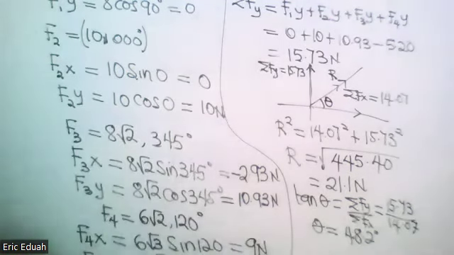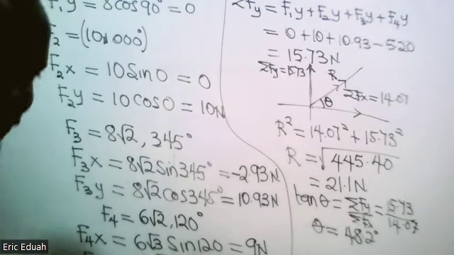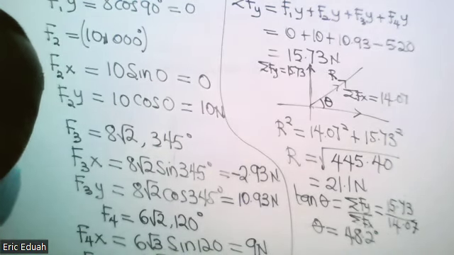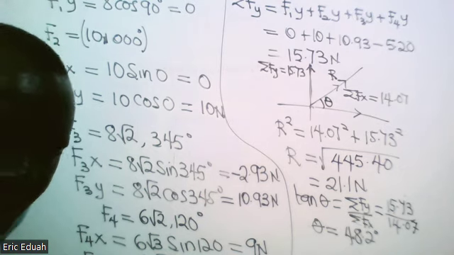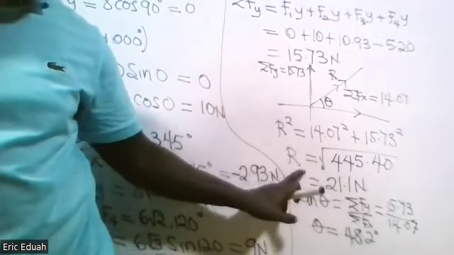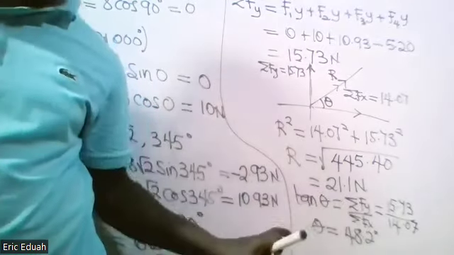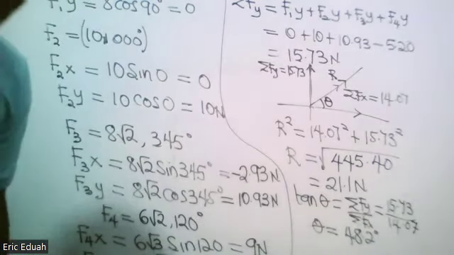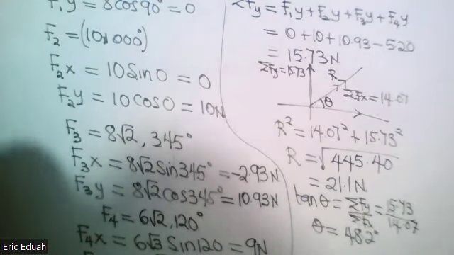So once we have calculated R and it is not zero, it means there is a resultant force acting on the body and the body must accelerate.